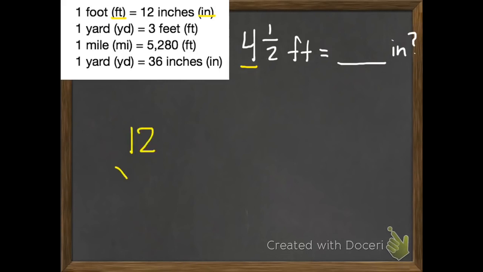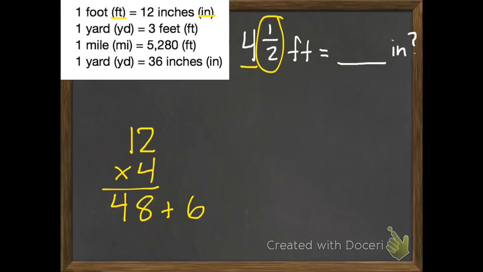So if I have 4 feet times 12 inches, 12 times 4 is 48. But that's just our 4 feet. We have 4.5 feet. So I need to figure out this half of a foot. So if 1 foot is 12 inches, and we have half of 12, that's going to equal 6 more inches. And 48 plus 6 equals 54. So 4.5 feet equals 54 inches.